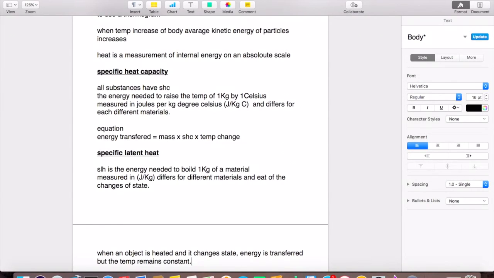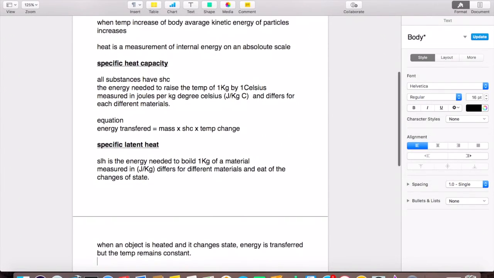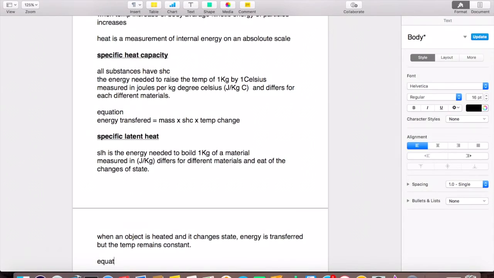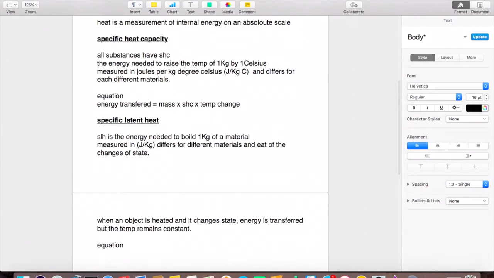The equation is energy transferred equals mass times specific latent heat.